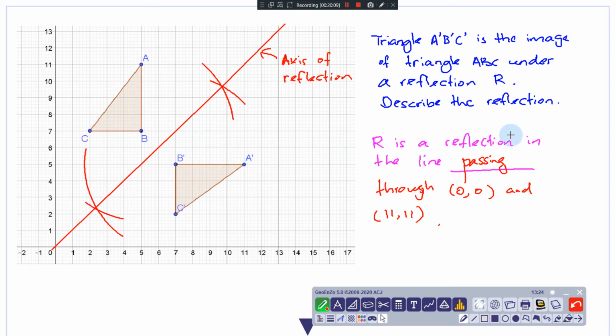So R is a reflection in the line passing through 0, 0 and 11, 11. Not necessary you have to choose these 2 points. You can choose other 2 points, for example, 2, 2 and 10, 10. Okay, so let's say you have learned how to get the equation of a straight line, so you can describe it another way.